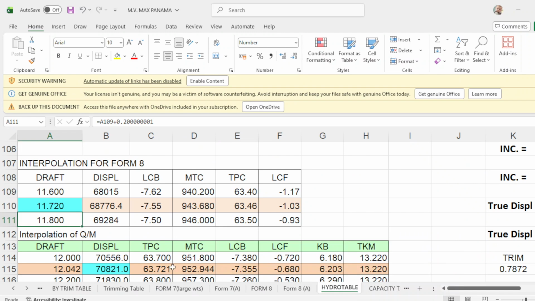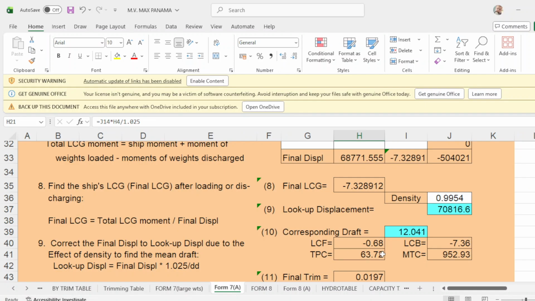TPC is 63.72. Okay, so confirm. That will be the same here: 63.72, 952.94, negative 7.36, and negative 0.68. Okay, so we go to number 11.